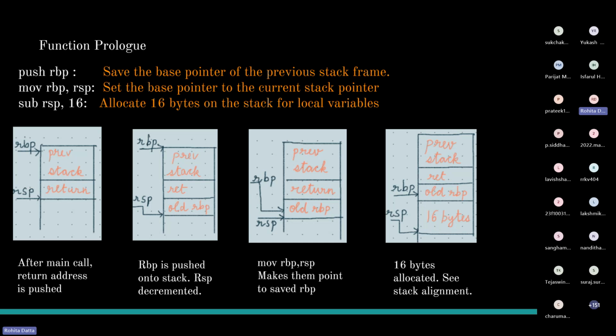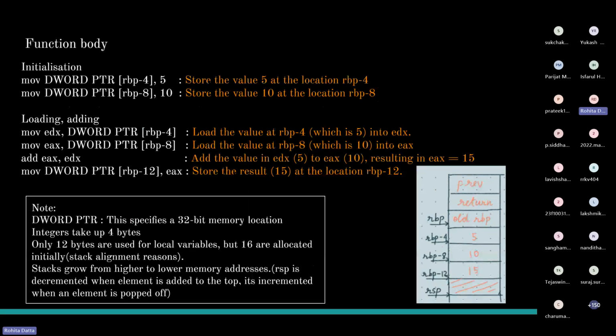Then we allocated space for all the local variables. 16 bytes were allocated because you subtracted 16 from the RSP. And then the function body, we saw what that did.